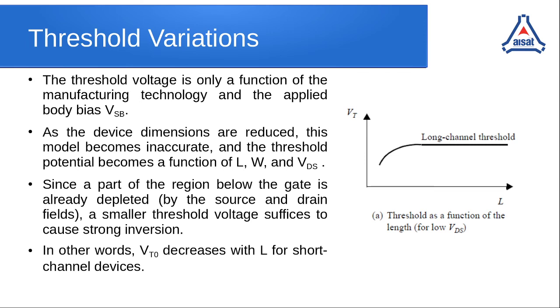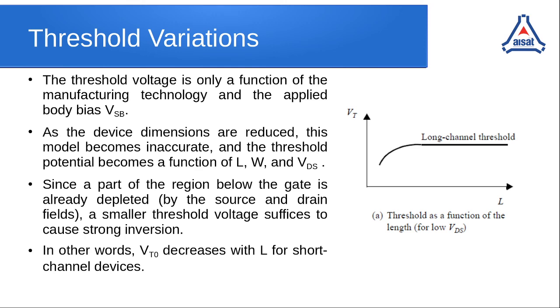Since a part of the region below the gate is already depleted, since we are considering the depletion at the source and drain sides, now the threshold voltage is reduced, or the voltage required to get the strong inversion is smaller, which means that, in other words, VT decreases with L for short channels. So it is a function of the channel length.